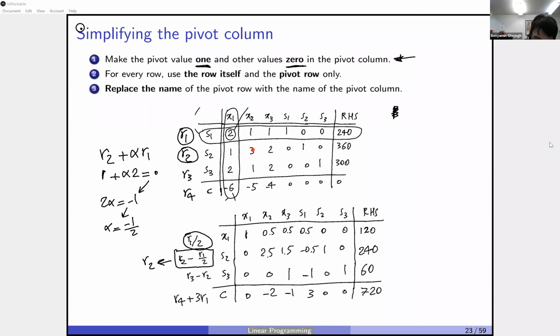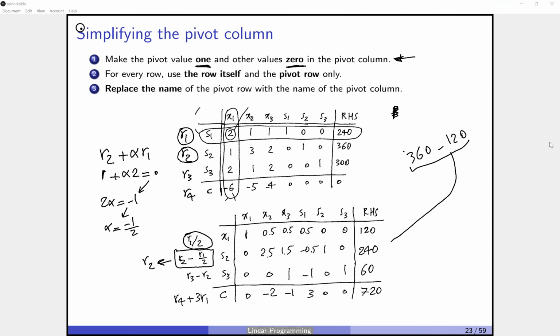Now let's look at this. 3 minus half of 1 becomes 2.5. 2 minus half of 1 becomes 1.5. 0 minus half of 1 becomes minus half. 1 minus half of 0 becomes 1. 0 minus half of 0 becomes 0. 360 minus half of 240 becomes 240. Am I correct? I might be wrong. There might be a mistake here. 360 minus 120. Yeah, that's correct. Yes, that's correct.